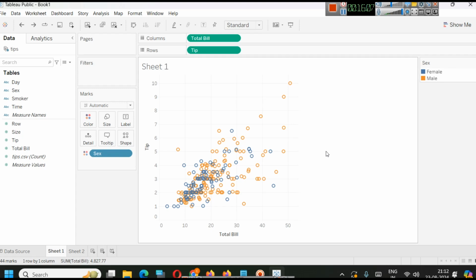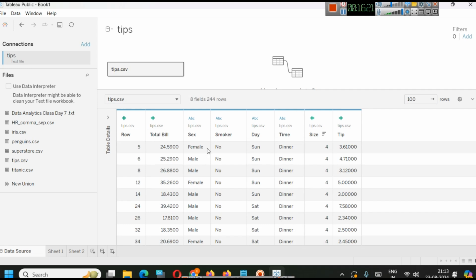But as an exploratory analysis also, suppose this is sales, let's say the tip here is sales, and total bill is some kind of numerical input in a company, and these other variables are other factors, like we did in the sample superstore dataset. In sample superstore dataset, there was profit, there was sales, there was quantity, there were so many other variables.